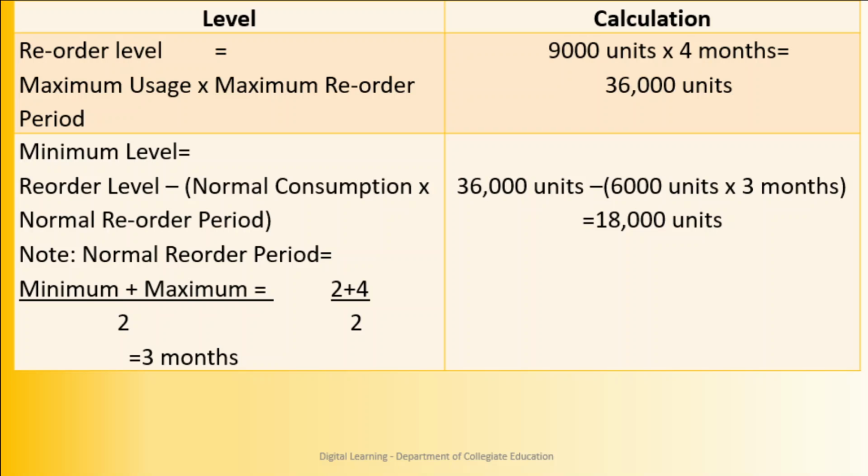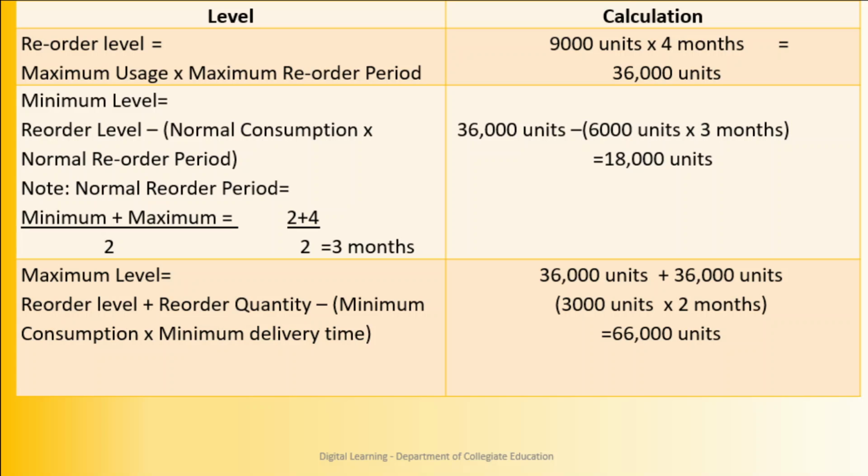Therefore, based upon the information given, we will calculate the normal reorder period to be 2 months plus 4 months divided by 2. So, the normal reorder period is 3 months. So, I substitute the values to the formula, reorder level 36,000 units minus normal consumption 6,000 units into 3. Therefore, the minimum stock level, the firm has to maintain a minimum of 18,000 units in stock.